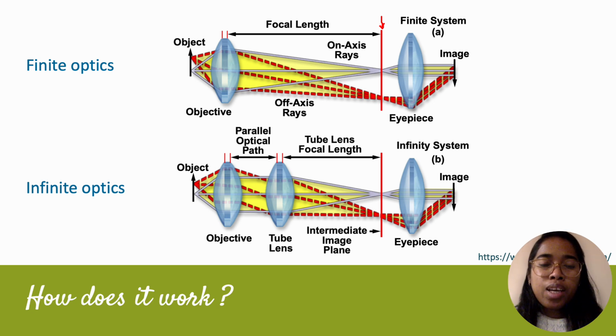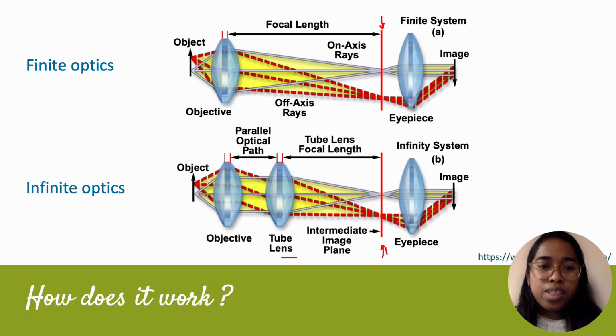further. In an infinite optics, an additional lens called the tube lens, which is this tube lens, is used. The object will be placed at the focal position of the objective lens and it forms an image in infinity, and the tube lens will get that image from infinity to form an intermediate image in its focal plane.